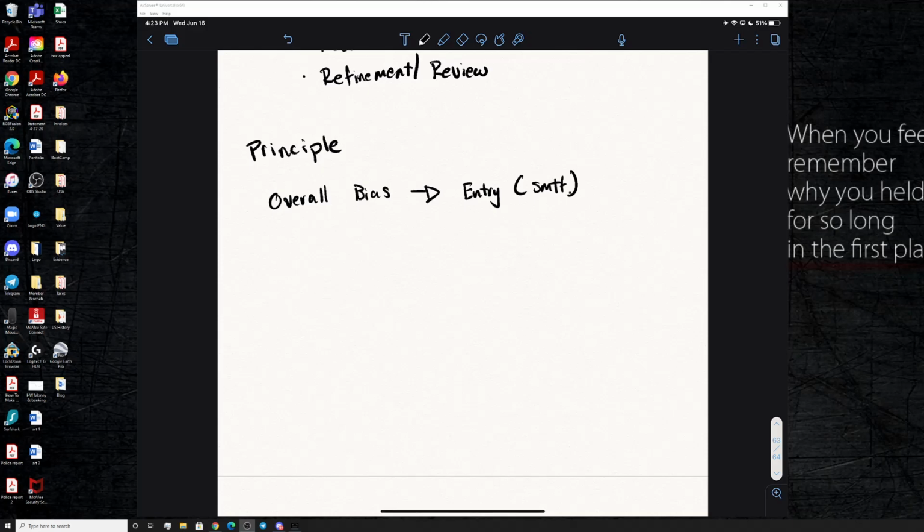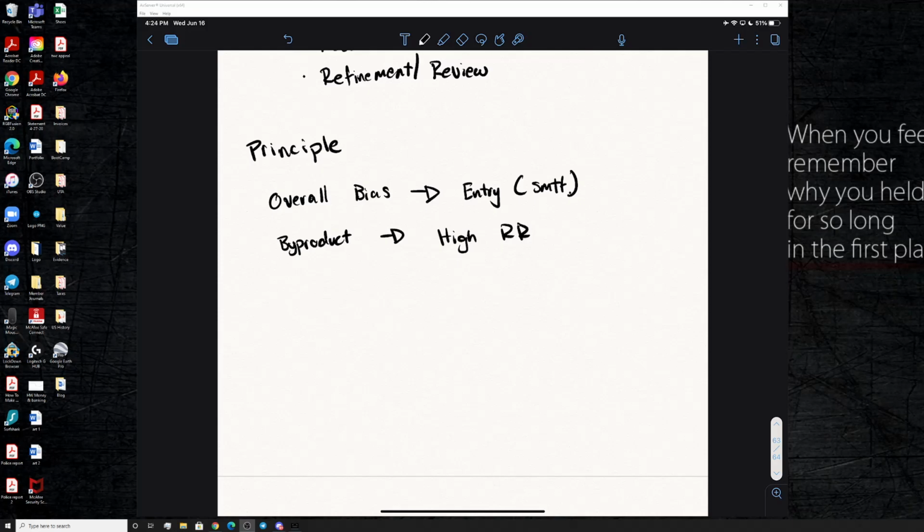Smaller time frame. Because we are focusing on a bigger bias and trying to enter in the smallest time frame that we possibly can, as a byproduct we achieve high risk to reward, right?